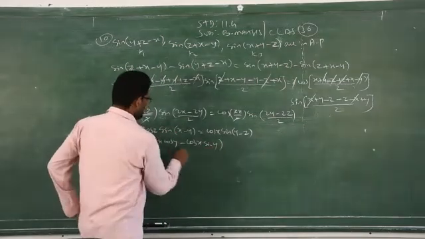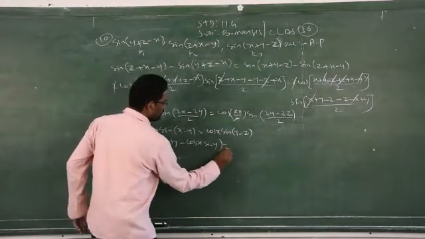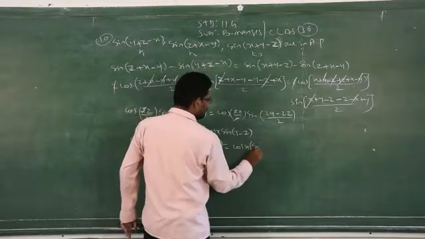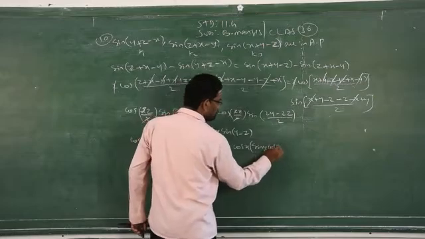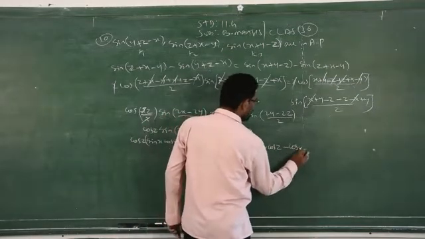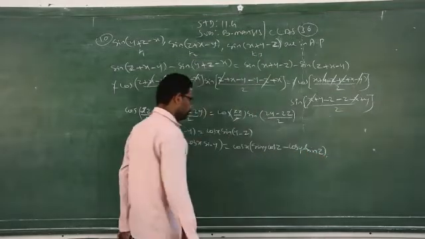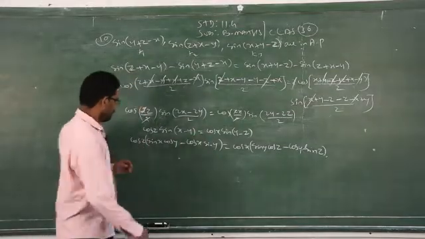So sin (a minus b) is sin a cos b minus cos a sin b, is equal to cos x, again the sin (a minus b) formula, sin a cos b minus cos a sin b. Just take cos z inside the bracket.